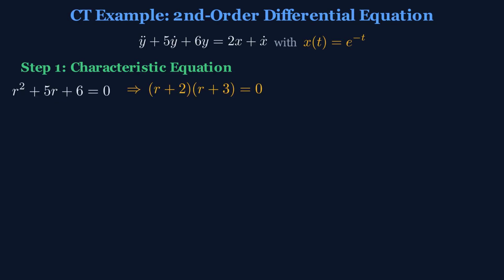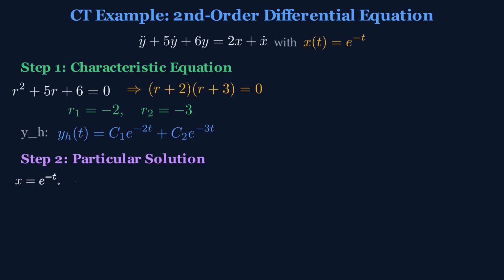First, the characteristic equation, r squared plus 5r plus 6 equals 0. This factors as r plus 2 times r plus 3, giving roots r1 equals negative 2 and r2 equals negative 3. The homogeneous solution is c1 times e to the negative 2t plus c2 times e to the negative 3t.